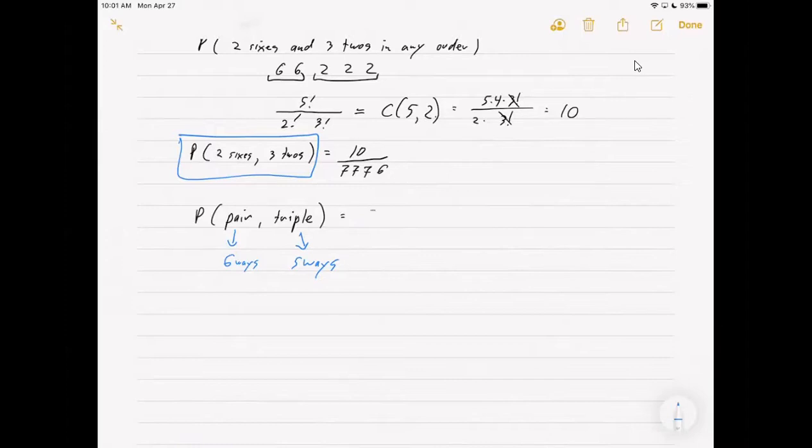So the answer is 6 times 5 times the probability that we previously had. All right, so we have 30 times 10. So that looks like it's 300 out of 7,776. All right, so it's not very likely, but it's not impossible that that would happen.